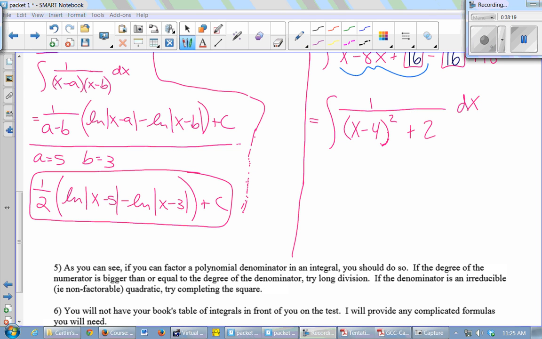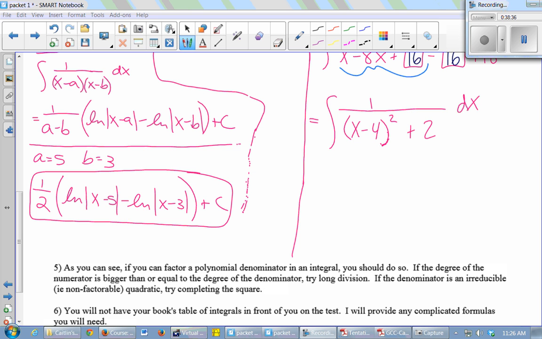Yeah, 24 from your table looks something like this, except in the table, instead of x minus 4 squared, it's just a plain old x squared. We've got 1 over, if this just said x squared plus 2, that would work.